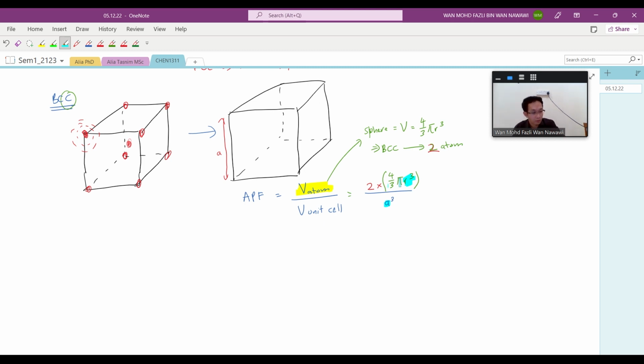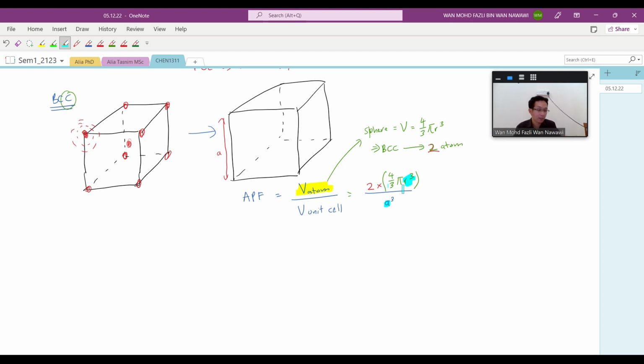We know pi is a number, 3.142, and 4/3 and 2 are also numbers. That's okay, but A and R are not numbers. So in order to cancel them out, we need to correlate A with R.